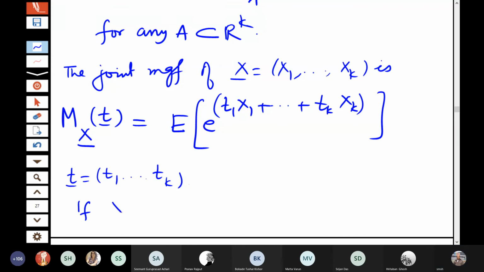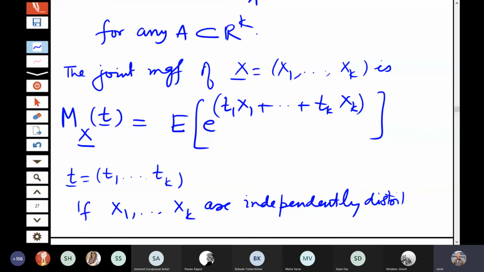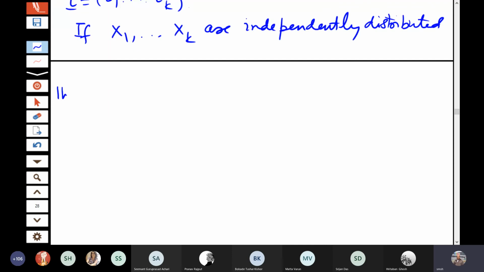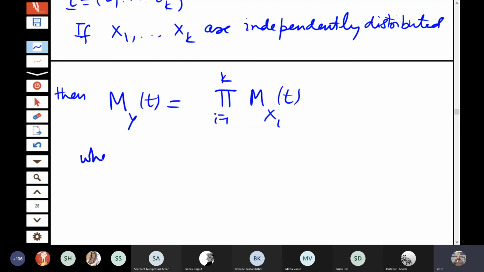Also, if x1, x2, xk are independently distributed, then the moment generating function of the sum is equal to the product of the individual MGFs, where Y is the sum of the Xi's. So the MGF of the sum is equal to the product of the MGFs if the random variables are independent.